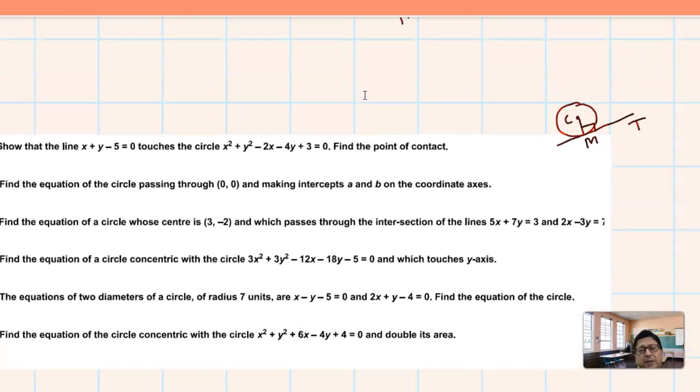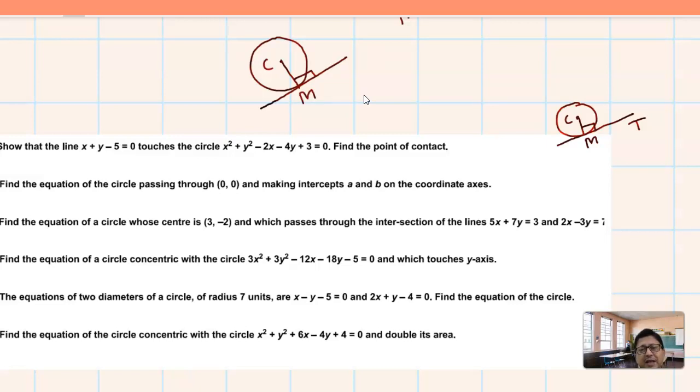So in our present problem, if we are asked to prove the line is tangent to the circle, we will do the same thing: from the center drop a perpendicular and prove that the length of the perpendicular is equal to the radius.